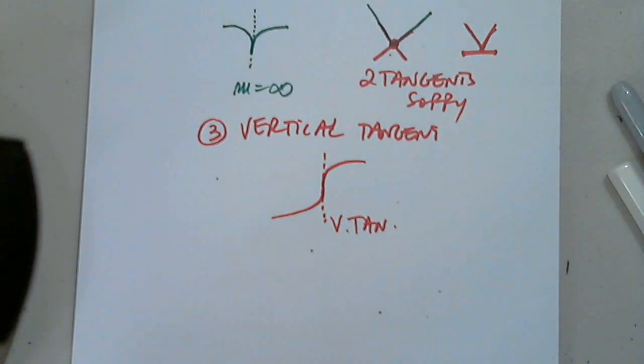It has two tangents. Awesome. What about x4? Also no, because it's not continuous. Awesome. What about x5? No, because it's a corner. What about x6? Yes. Continuous, no corner, no cusp, no vertical tangent.